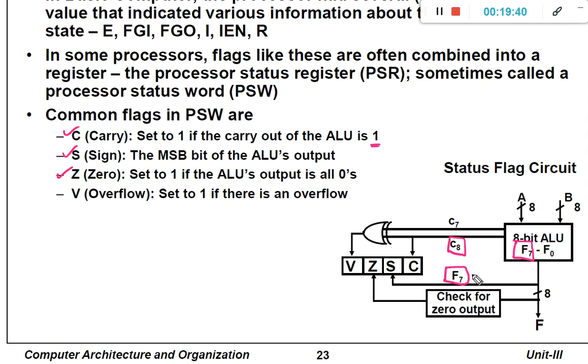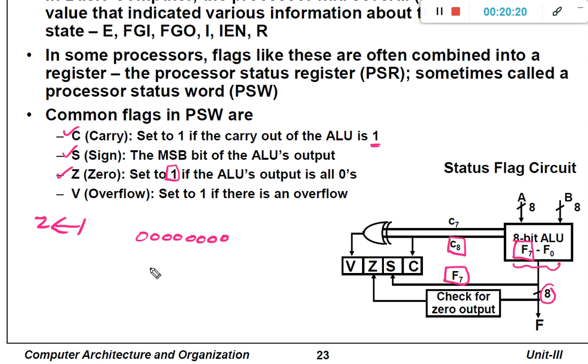And then zero. Zero is represented by Z. After F0 to F7, we check for a zero output. If all the 8 bits are zeros, then set this zero flag to 1. So if all the output register values are zeros, 0 0 0 0 0 0 0 0, then the Z value will be set to 1.